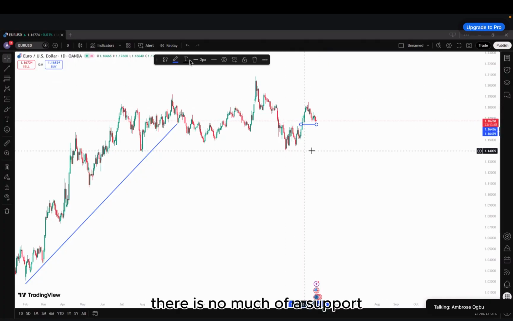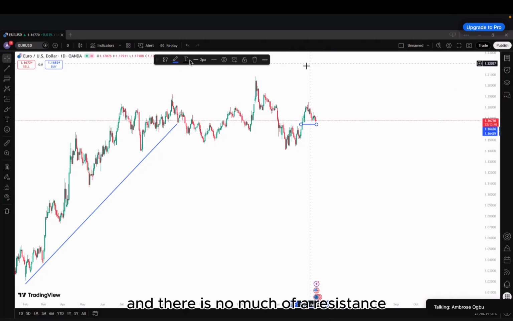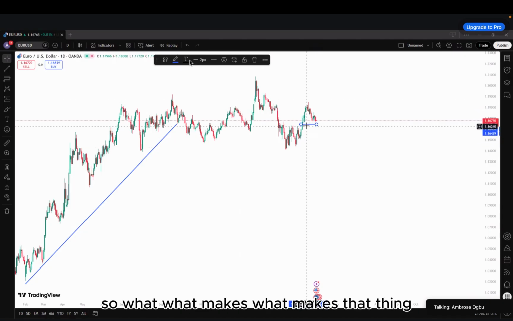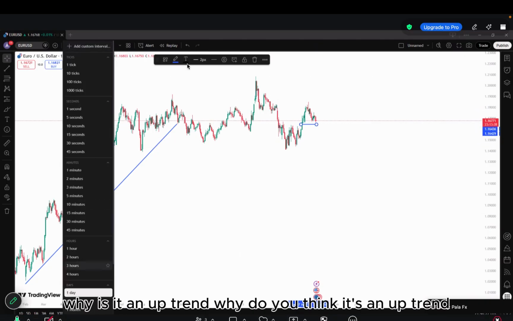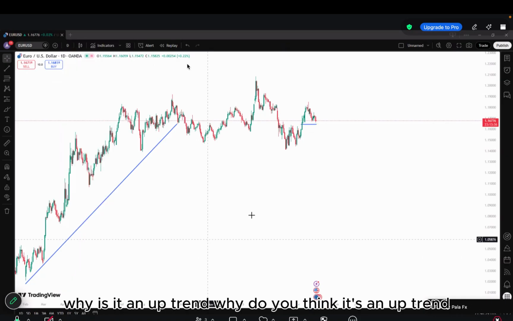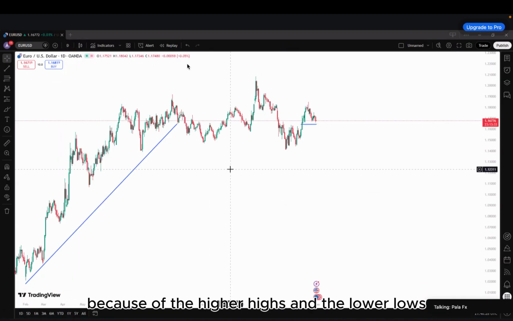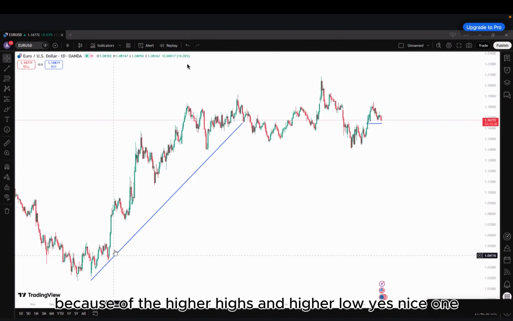There's not much of a support and not much of a resistance. So what makes the thing you drew here an uptrend? Why do you think it's an uptrend? Because of the higher highs and higher lows. Yeah, nice one.